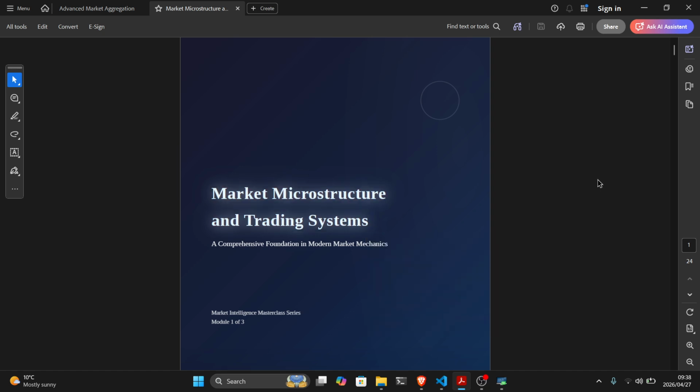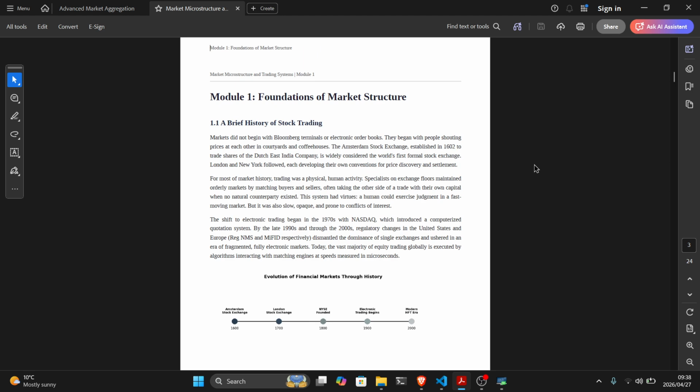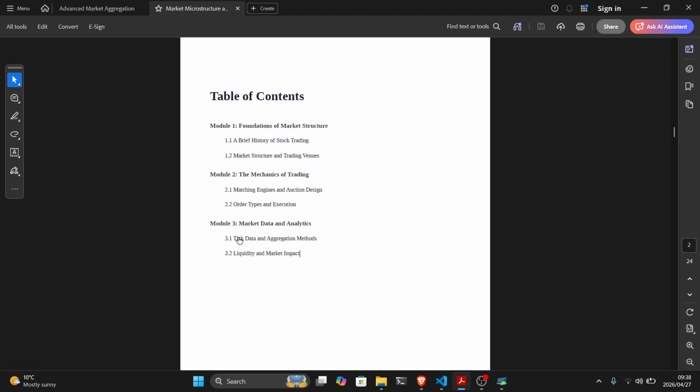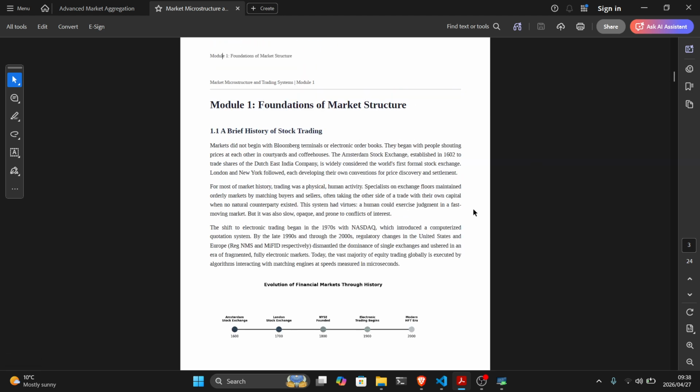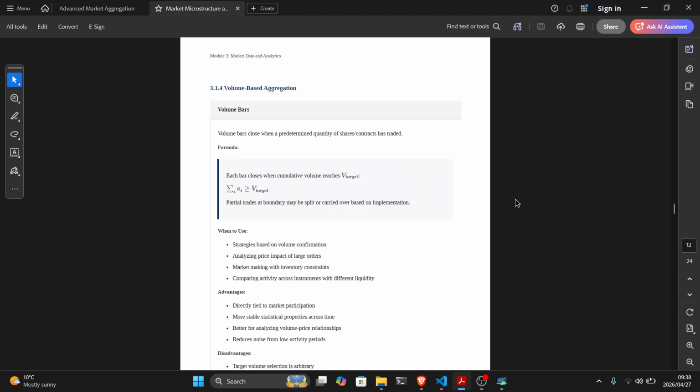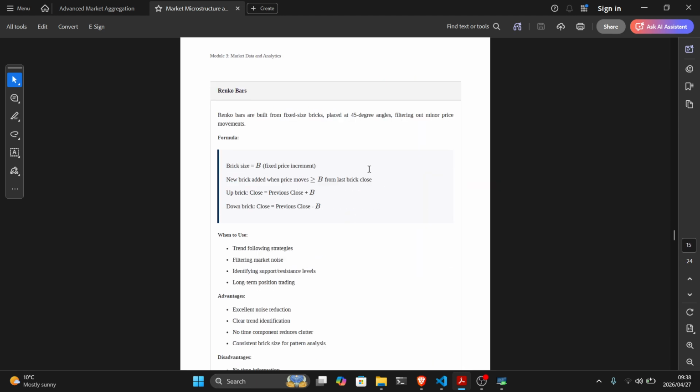Now, let's get into it. Renko bars are formally defined as built from fixed size bricks placed at 45-degree angles, filtering out minor price movements.